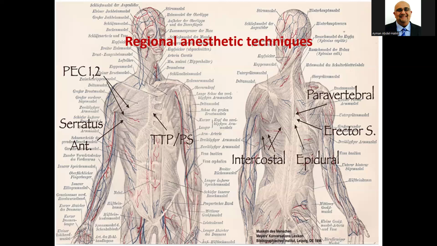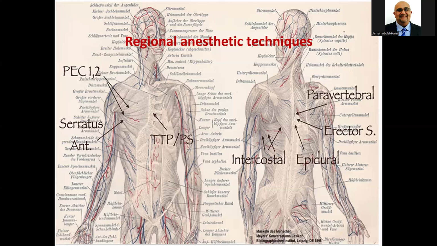While if you're doing peripheral blocks like serratus block or erector spinae or whatever, these blocks can be done in anticoagulated patients and patients with spinal cord injuries or suspected spinal cord injuries, and they also have fewer side effects and fewer complications. However, the analgesia is not the same.